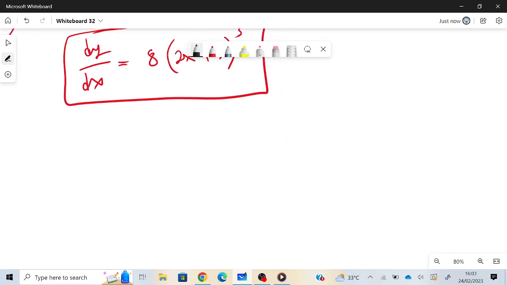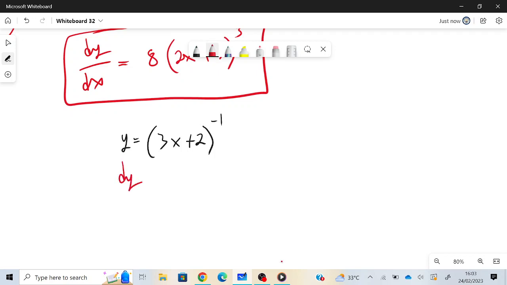On to the next one. This one tells me to find the derivative of y is equal to (3x plus 2) all raised to the power minus 1. Okay, good to know.